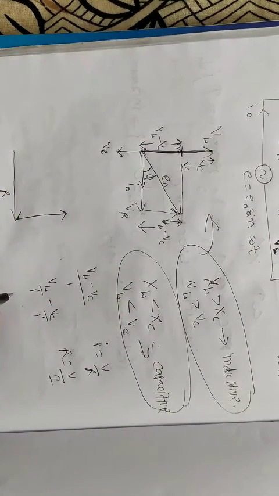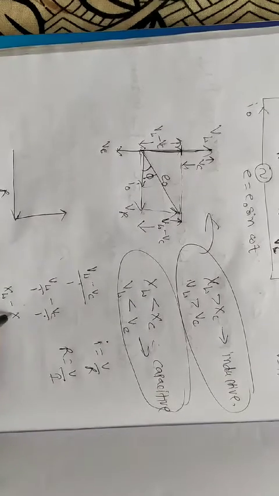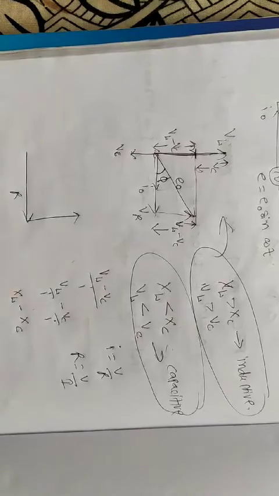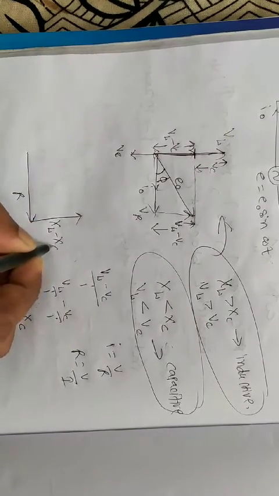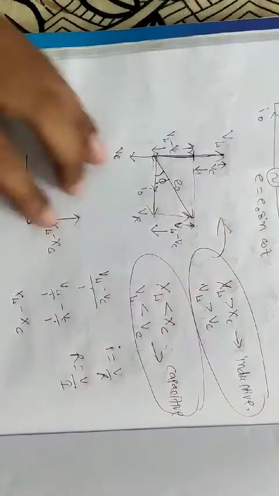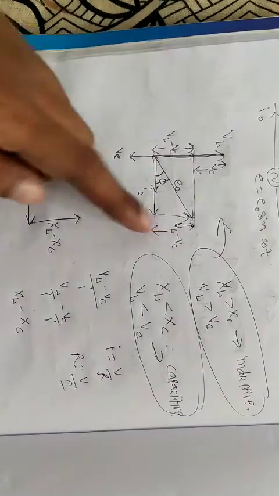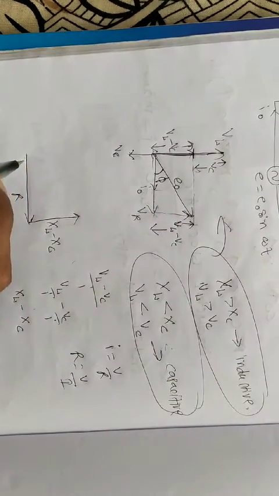VL by I is known as XL and VC by I is known as XC. So this one will become XL minus XC. What I have done is divide this voltage by the current. So we get VL by I as XL, VC by I as XC. Now see this thing.